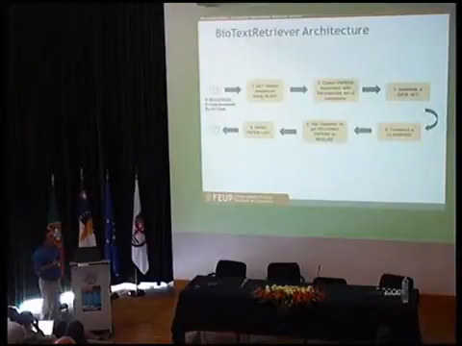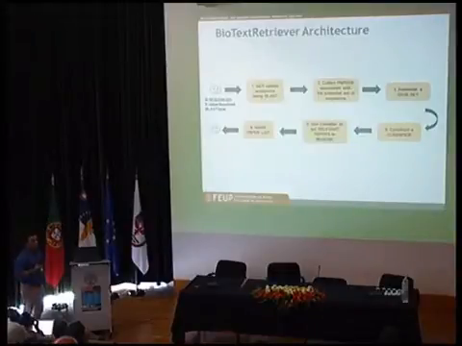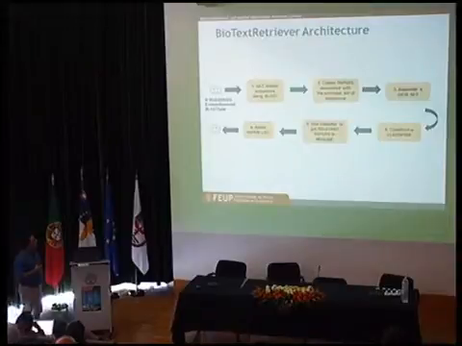So the architecture for this tool is based on these 6 steps. As input, as I said, we receive the sequences, DNA or proteomic sequences, and we get an e-value. I will explain later what this is and what it's for.